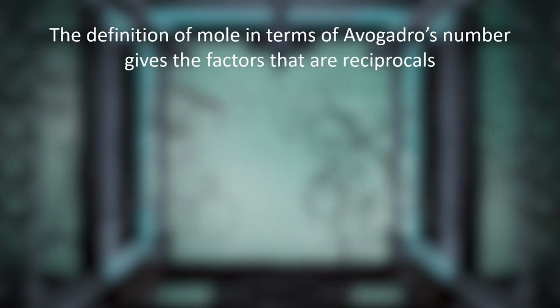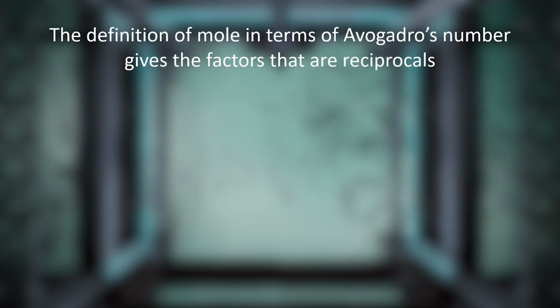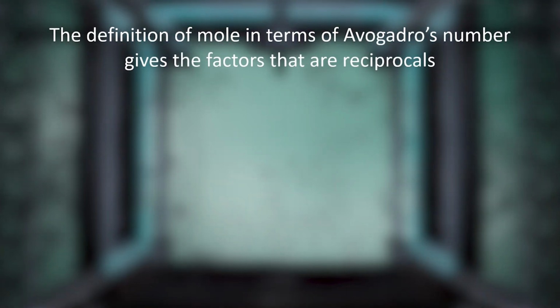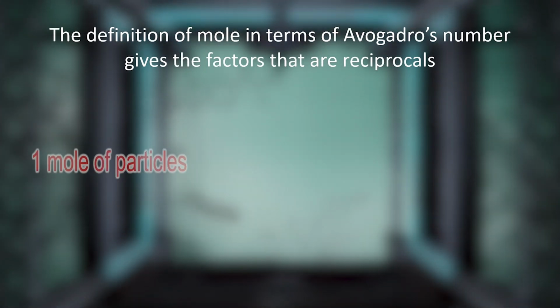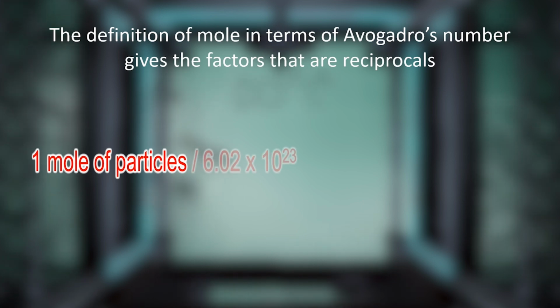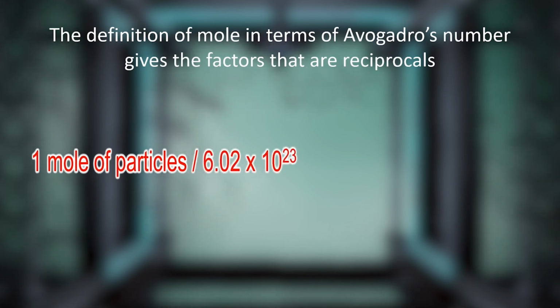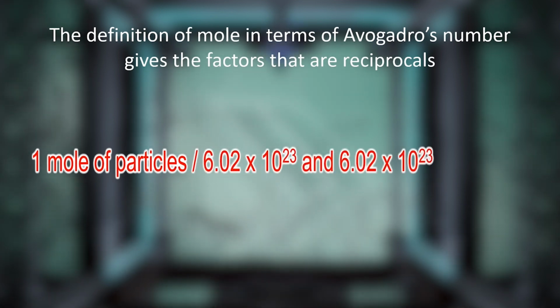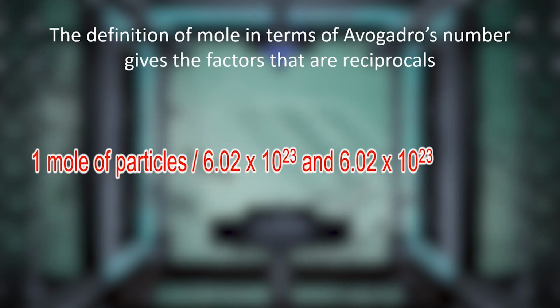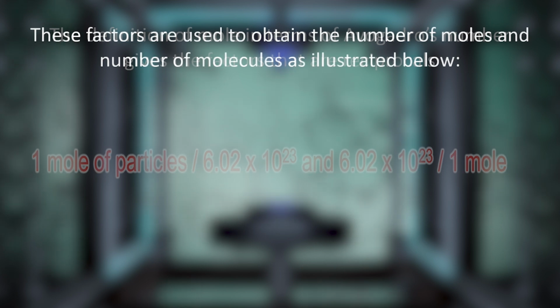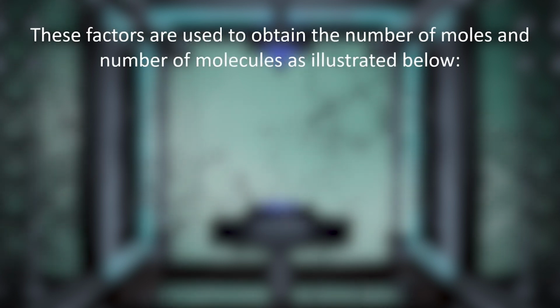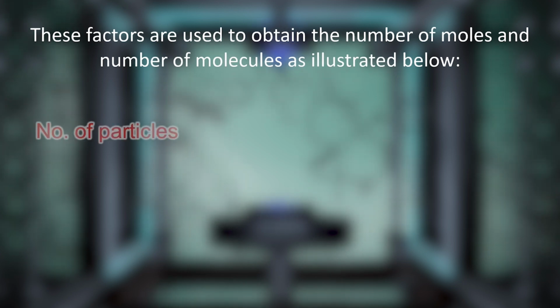The definition of mole in terms of Avogadro's number gives the factors that are reciprocals: 1 mole of particles over 6.02 times 10 to the 23 and 6.02 times 10 to the 23 divided by 1 mole. These factors are used to obtain the number of moles and a number of molecules as illustrated below.